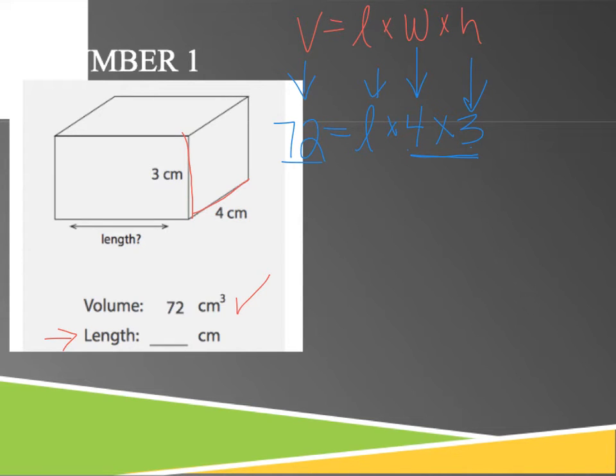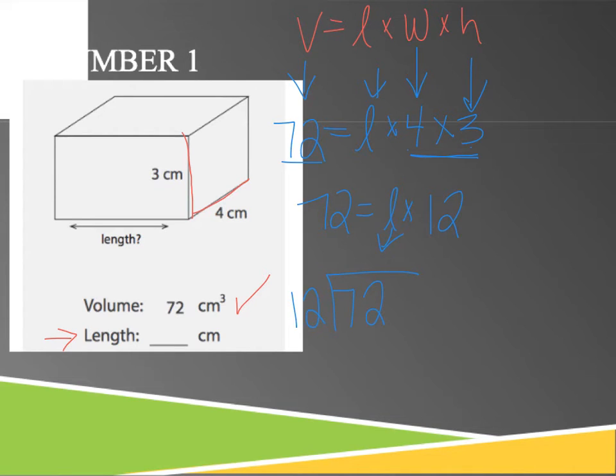Let me show you what I mean. 4 times 3 is 12. So right now I have 72 equals some other number times 12. Okay, so what I need to do now is I need to divide 72 divided by 12 so that I can get my length.